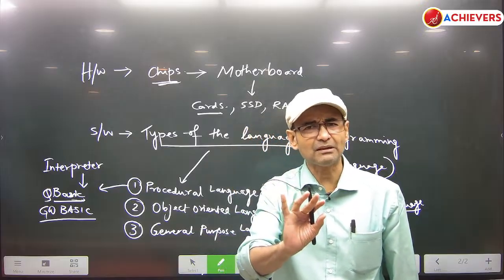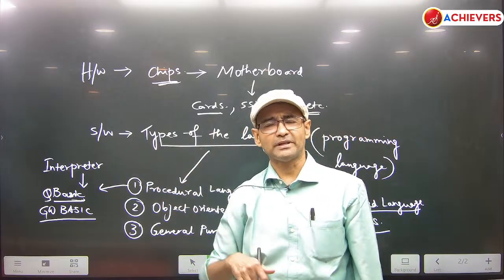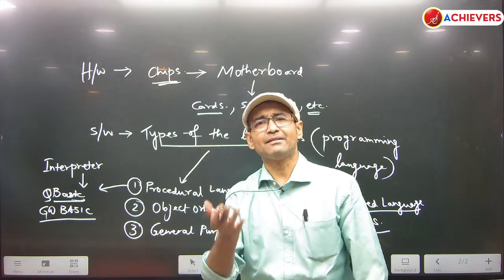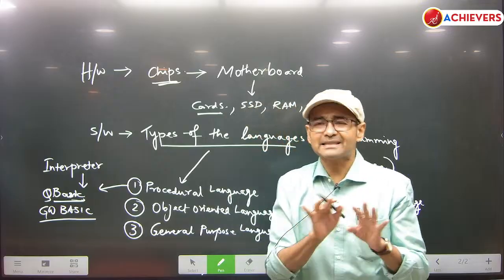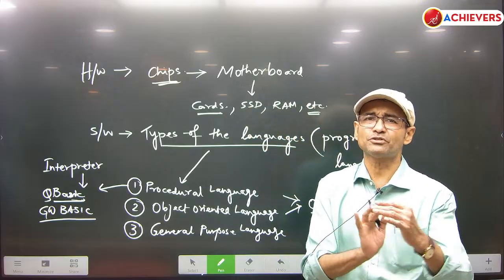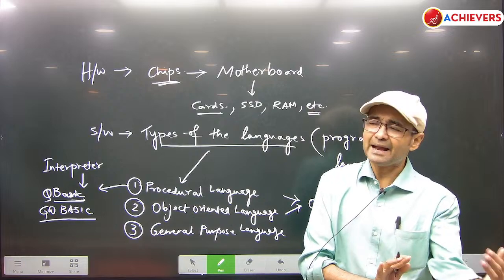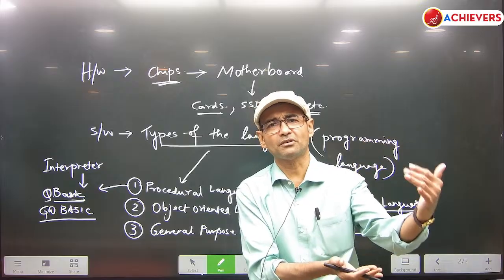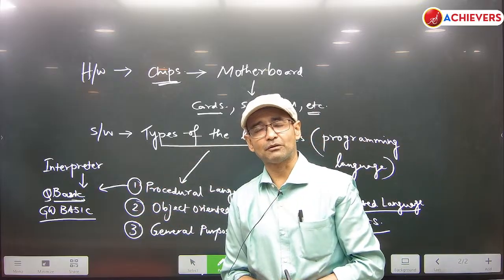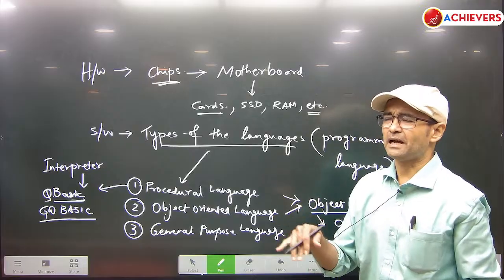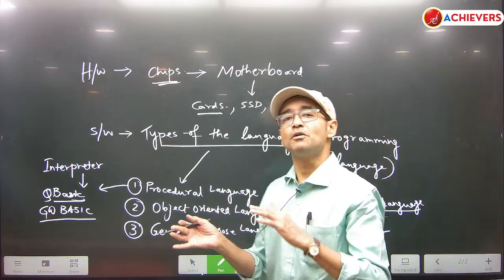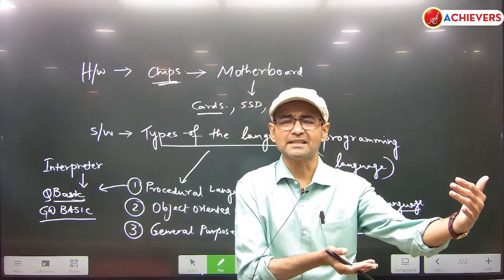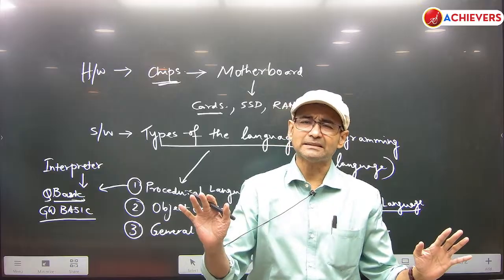Now, a question often comes to little minds: can a language be treated as a procedural language as well as object oriented? The answer is yes. We can have a programming language which can be defined as a procedural language and also as an object oriented language, that means a combination of both. Now in C++, we have the concept of procedural language. That means yes, we can simply call functions and complete the programming.